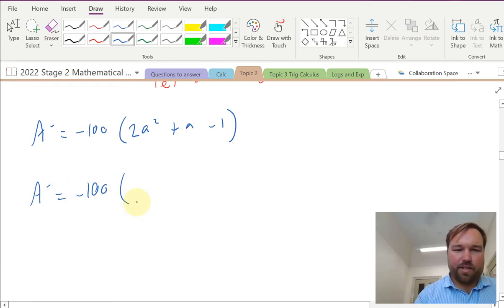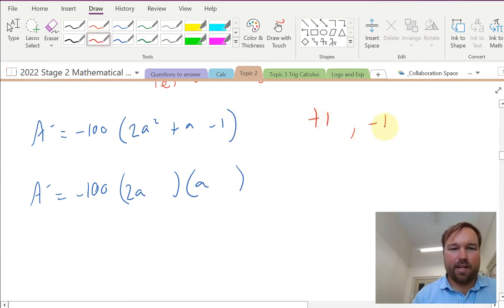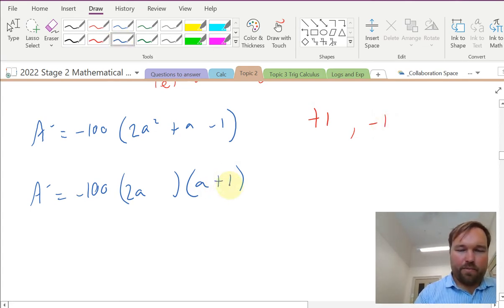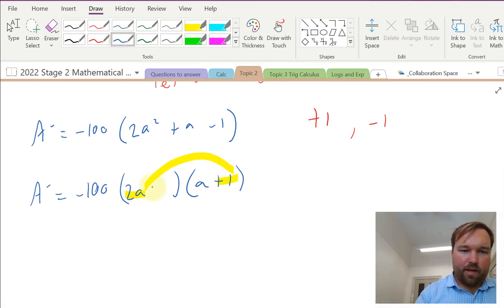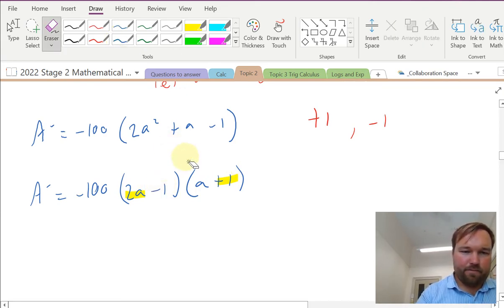We want to factorize this portion in here. There's clearly got to be a 2A, and there's another A there. The only way to have a minus 1 at the end is to have a plus 1 and a minus 1 multiplied together. The only question is, where do they go? And the answer is plus 1 here. The reason I want a plus 1 there is because that is going to multiply with this to get plus 2A. And I'm going to put a minus 1 here. Minus A ends up with a positive inside.